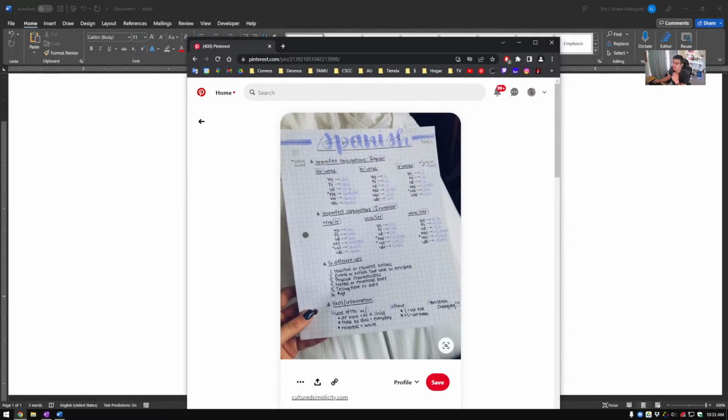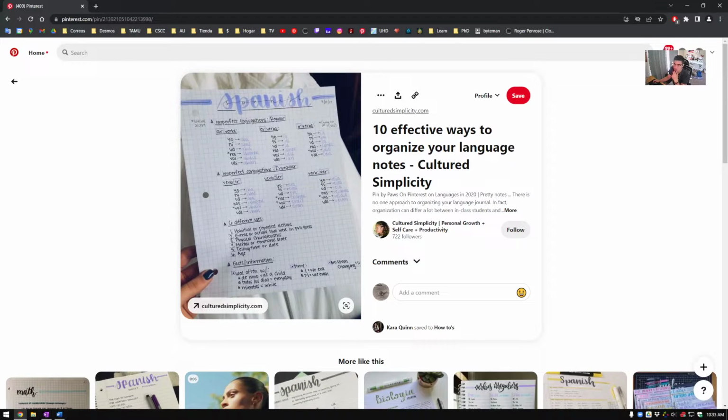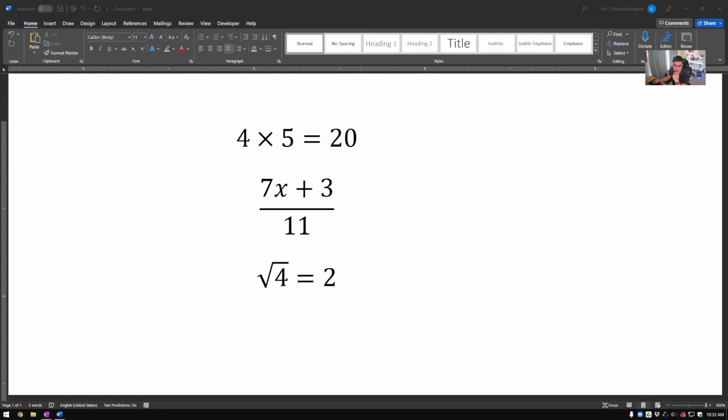Okay, as you know, Pinterest is a place where people share ideas. Okay, this is Spanish, so this is not math. I'm looking for math. Let me see if I can get a math example.